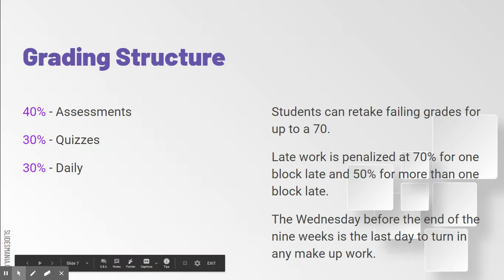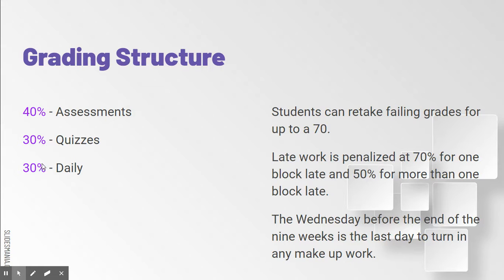Here are our grades. 40% test, 30% quizzes, 30% homework. So if you do not do your homework, you have to make 100 on all of the rest, because together this makes 70%.